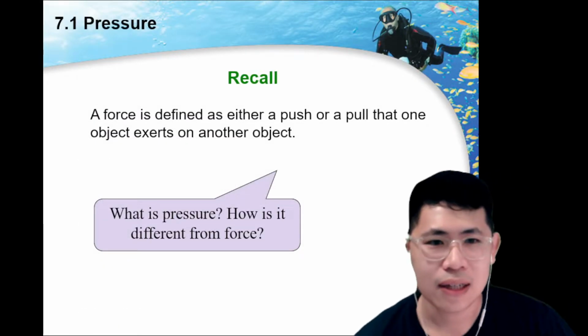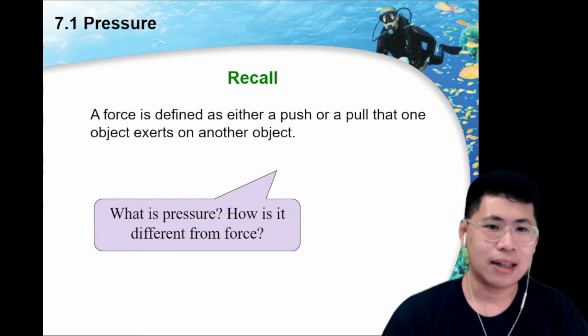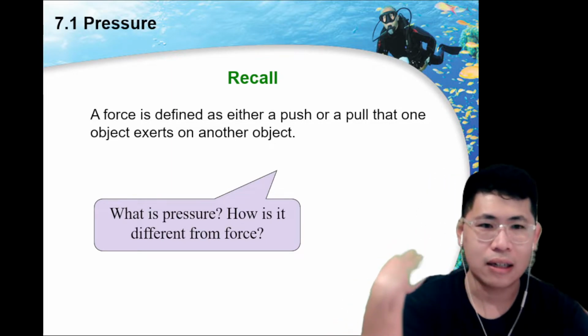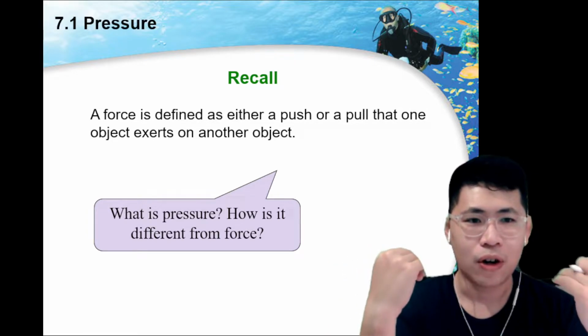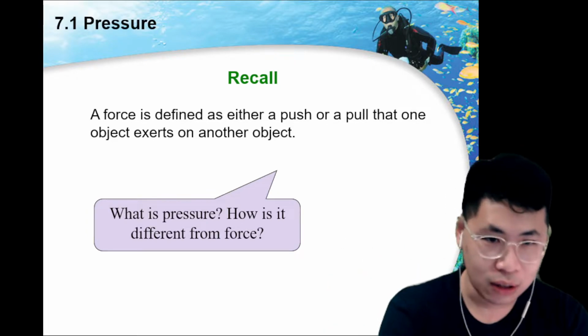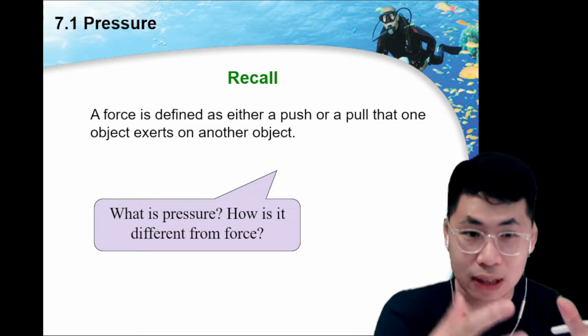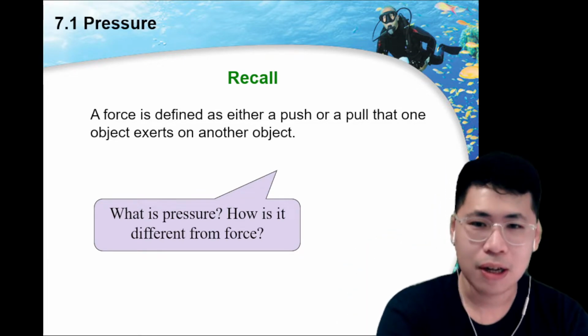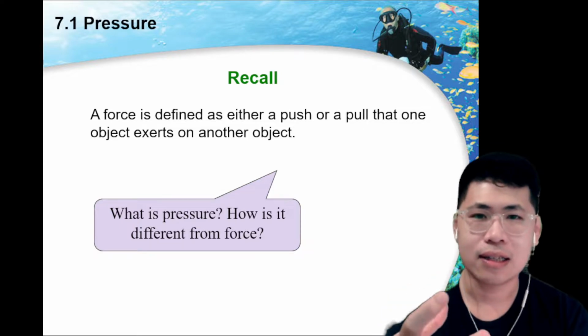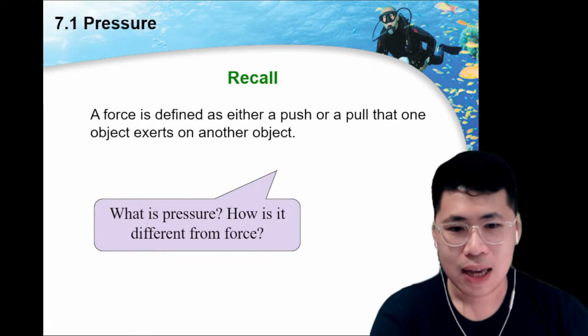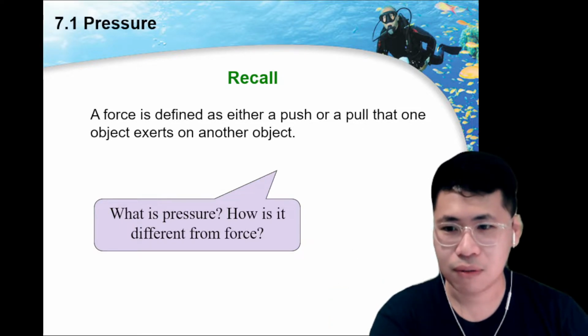Alright, so over here, let's recall that a force is either a push or a pull that one object exerts on another object. But pressure, on the other hand, is a bit different from force. Okay, and how is it different from force?